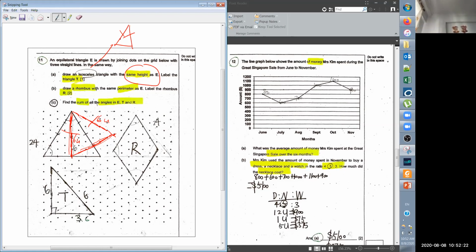Or let's say you don't know this is six, you don't know the length of this. What you can do is, you know this is 1, this is 2, and this is 1, 2, 3, 4.